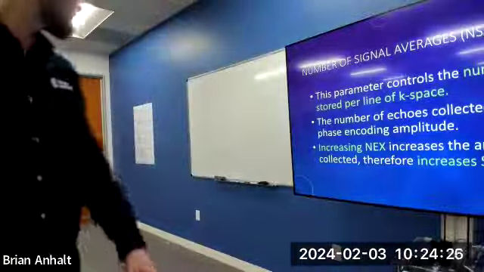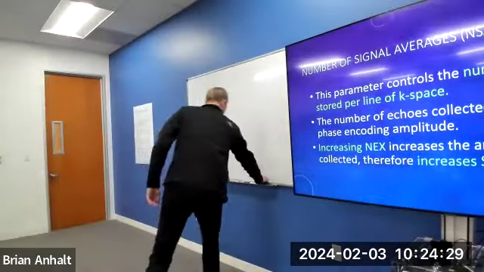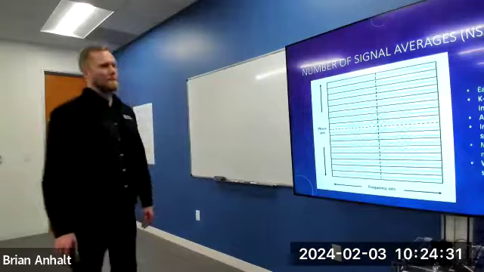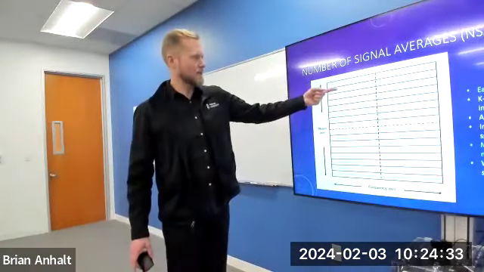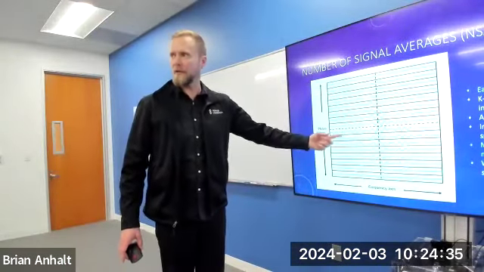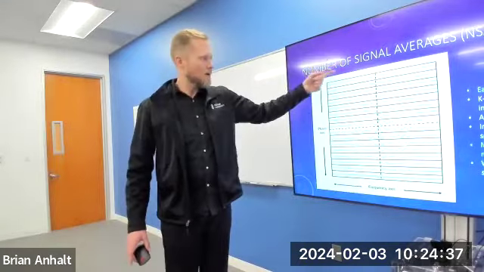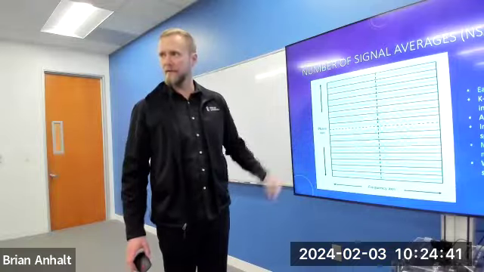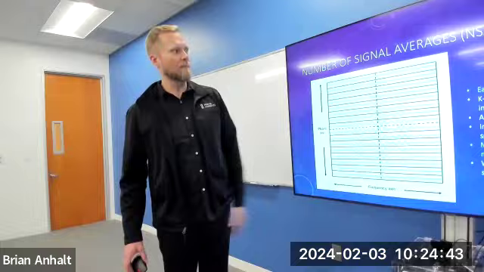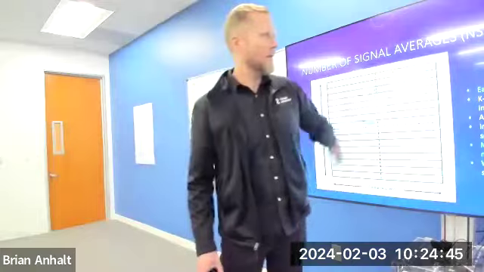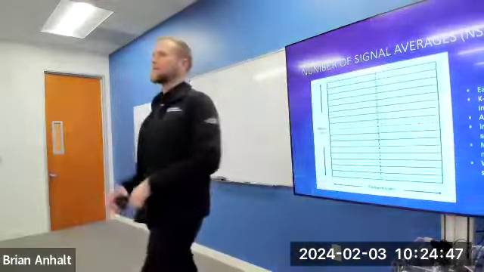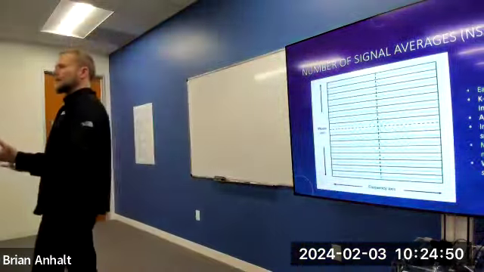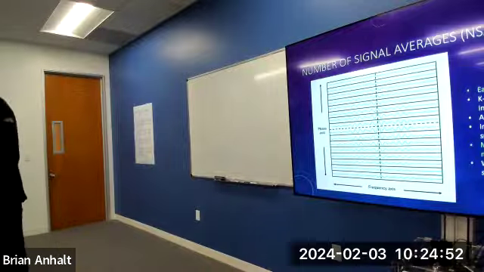So let me show you what K-space looks like here. This is K-space. These represent echoes, several echoes being collected over time. You collect one echo per TR in a spin echo sequence, and we have to collect several of them. We have to fill up all of K-space with at least one echo to generate an image with the resolution that we desire.